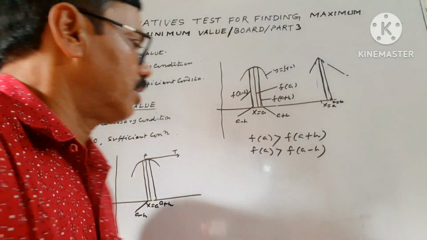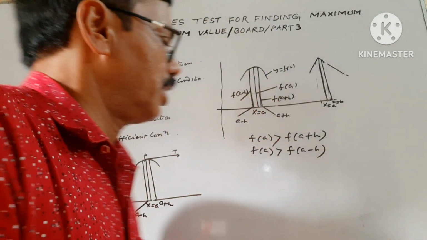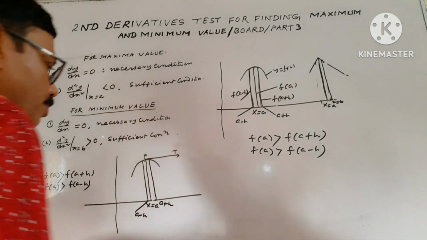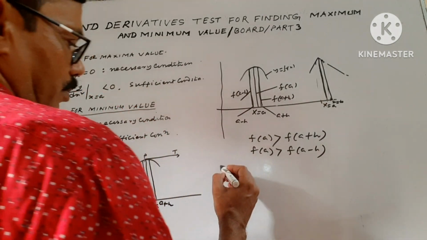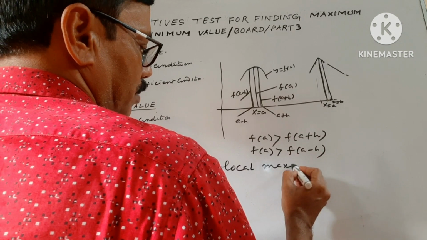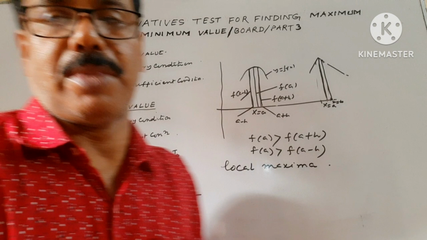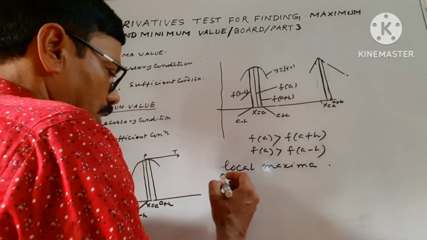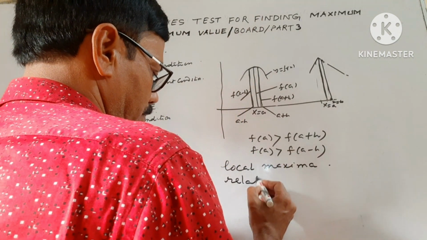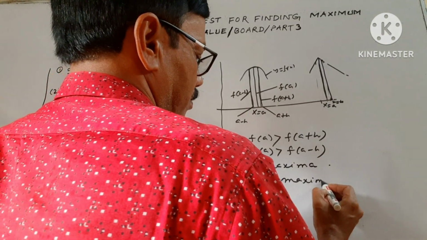That is why this type of maximum or minimum value is known as local maxima or local minima, or relative maxima.